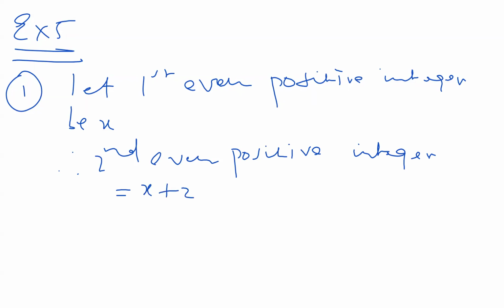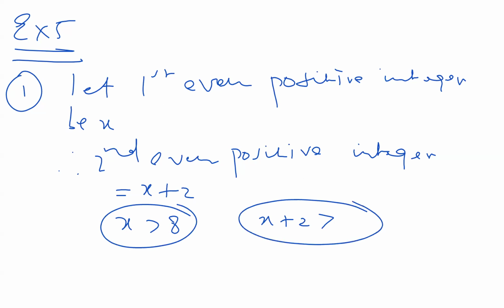Now both are greater than 8. Both the positive even integers are greater than 8. This is the first condition. And sum of both. So the sum of the first one and the second one should be less than 25. Okay? So case 1.